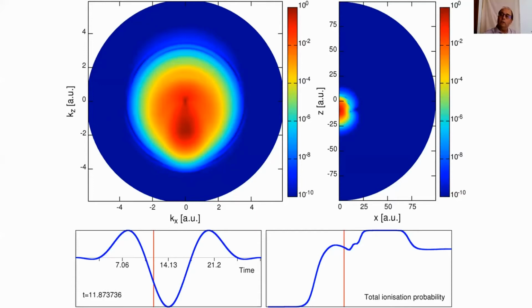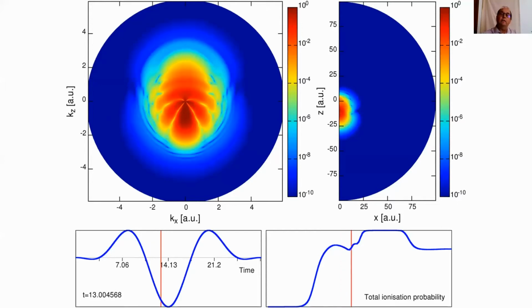After that, when the electric field changes sign, the wave packet starts to be driven back to the target. When this wave packet rescatters on the target, it interferes with the direct wave, which is not rescattered, and you see this very characteristic interference pattern.